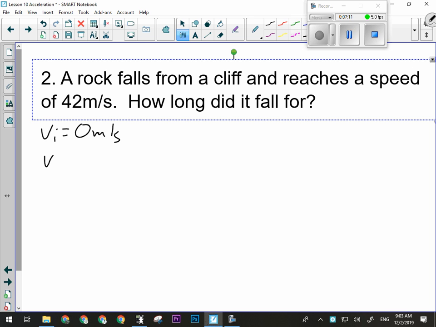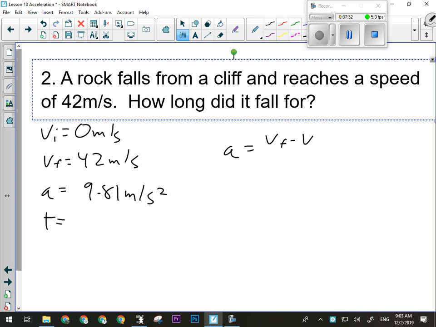The other thing it gives us is VF, 42 meters per second. And since we can assume this rock is falling on Earth, what's the acceleration? 9.81. Okay, we're looking for T. So A equals VF minus VI over T. In order to solve for T, I have to take it from the bottom and move it over to the other side so that it's on the top.